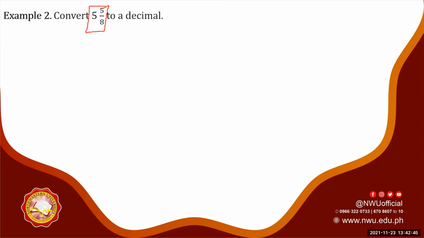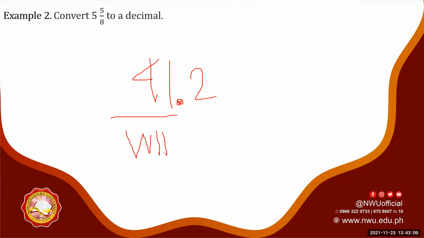If the given is a mixed number, recall my definition of a decimal number. I said that if you are given, for example, our example earlier, 41.2, the numbers on the left side of the decimal point are called the whole numbers, while the numbers on the right side of the decimal point are the fractional part.